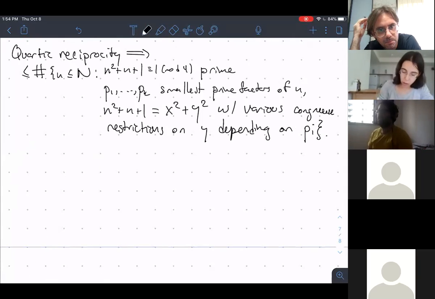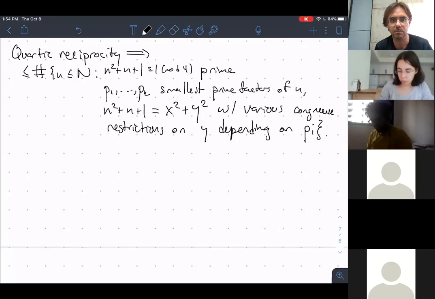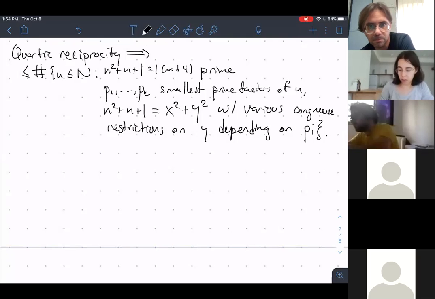So you can estimate the size of each of these sets now that you've transformed it into this writing as a sum of 2 squares with a congruence condition.